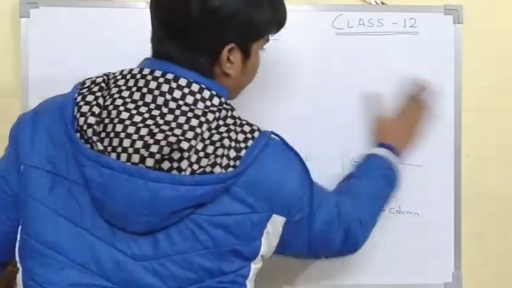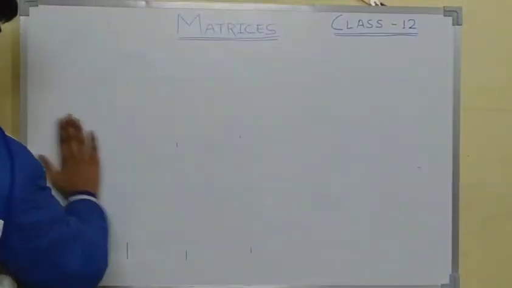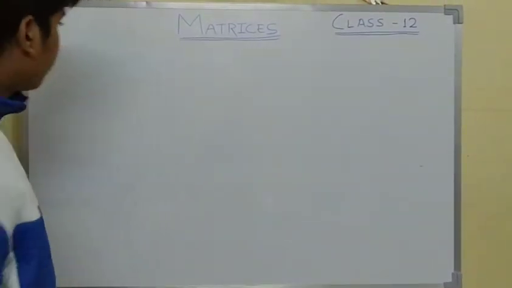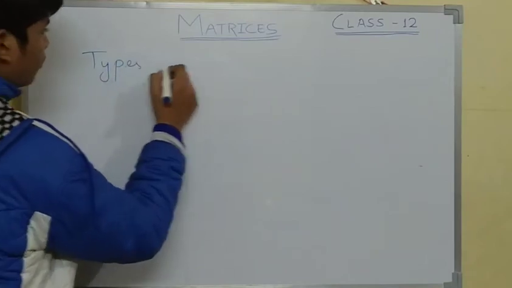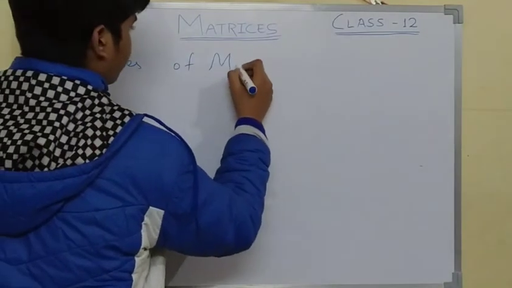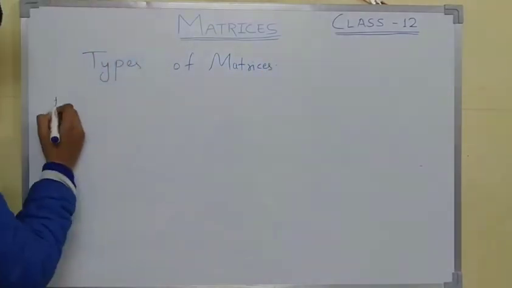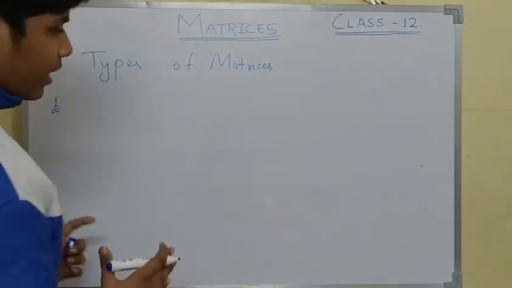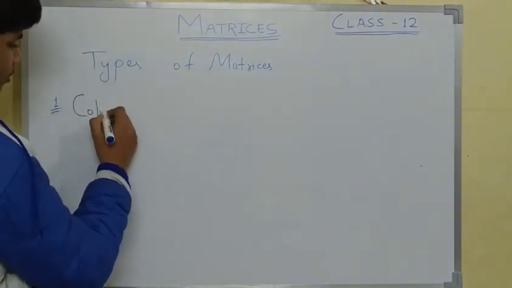Now we will see some types of matrices. Firstly, we will see the first type of matrix, that is the column matrix.